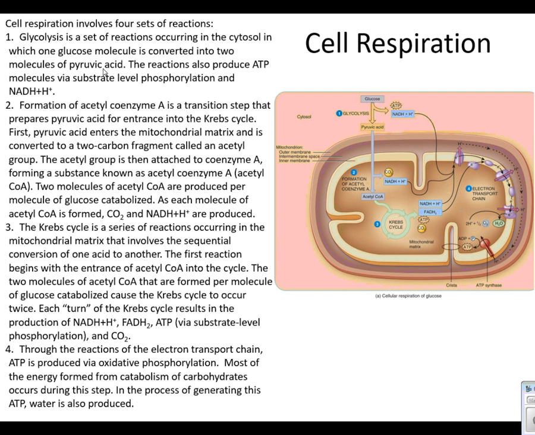Here on the next page, we can see a figure and then 4 steps listed on the left, which are the 4 steps or 4 sets of reactions involved with cell respiration. One of those words over there on the right that I wrote on the board is listed here on step 1, glycolysis. This set of reactions actually takes place outside of our mitochondria, which you can see here is a mitochondrion.